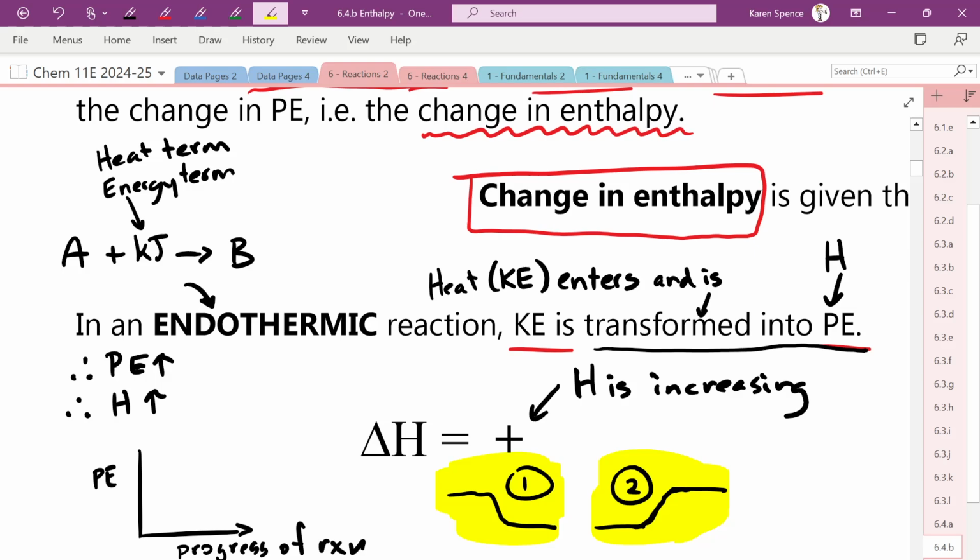Okay, do we like option 1 or do we like option 2? Option 2, yes. Okay, so our endothermic reaction is going to start low and finish high.